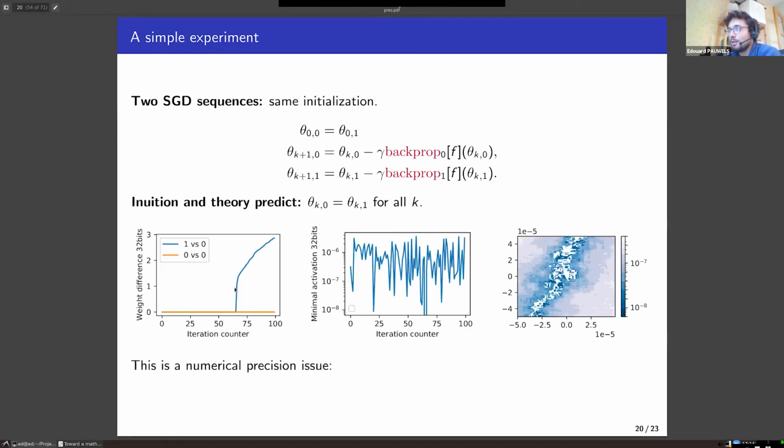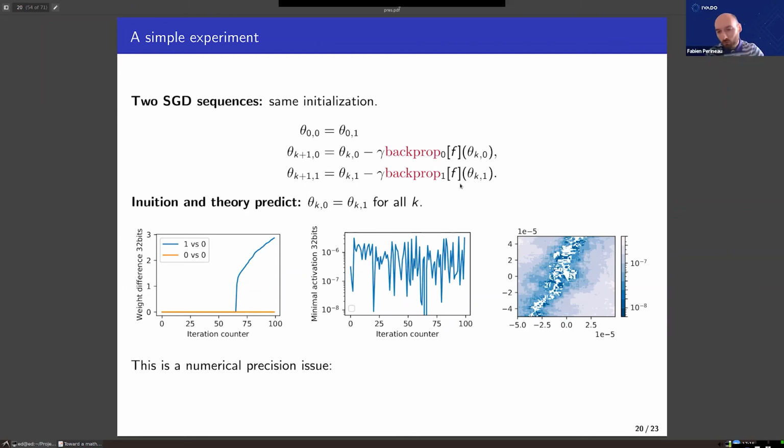Here the order of magnitude is much above the norm of the actual gradient. I don't have any figure depicting the order of magnitude of the difference relative to the size of the gradient or anything else. This is something that we need to include in the work, and this is ongoing.